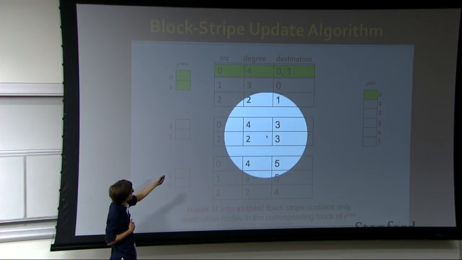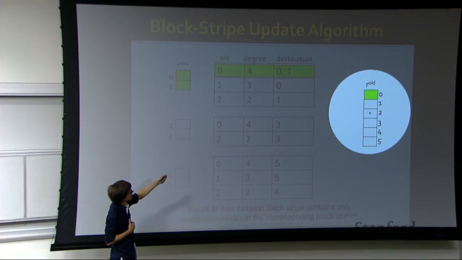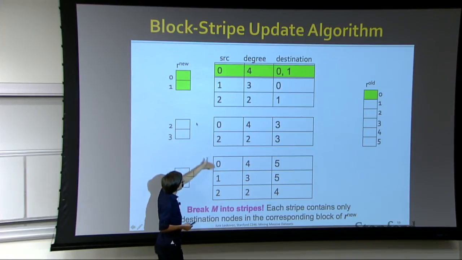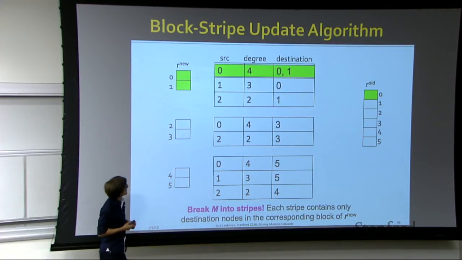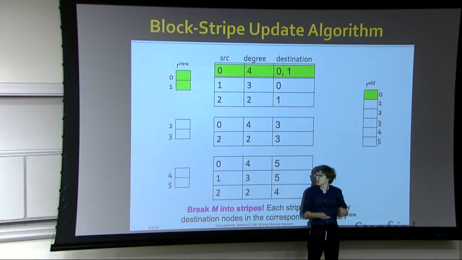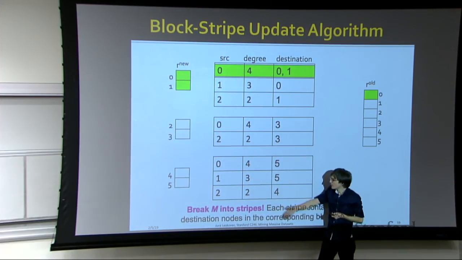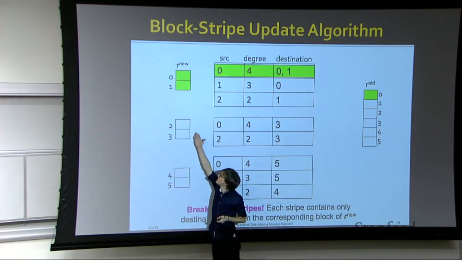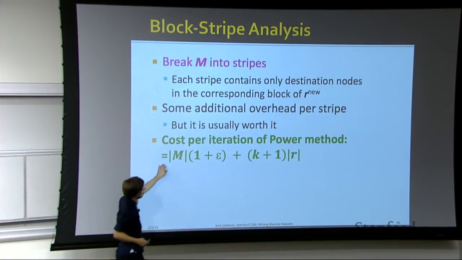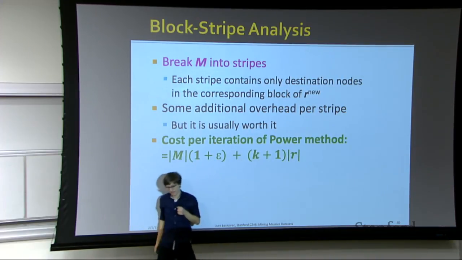I need to read the next stripe plus the entire vector R old to update it. So if I have k stripes and k blocks, I need to read this guy k times. I need to read this once, and I need to dump this back on the disk once. So the total computation cost is here, okay?